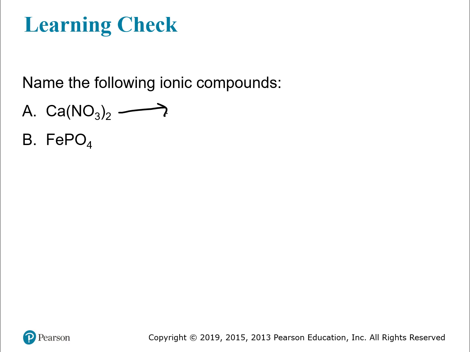CaNO3. The first thing we're going to do is name our metal. It's calcium. Then we're going to figure out whether or not we need to include the charge. Calcium is a group 2A metal. That means it's not a transition metal, so it's only got one ionic charge.